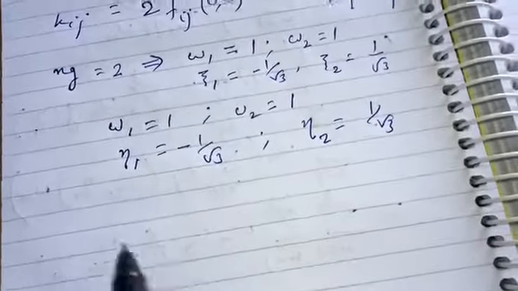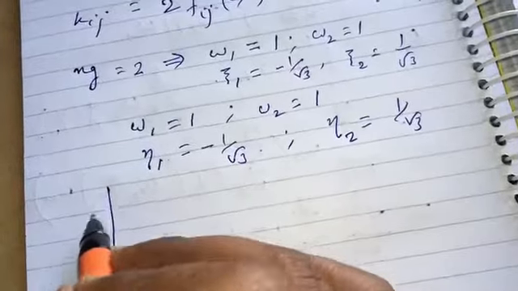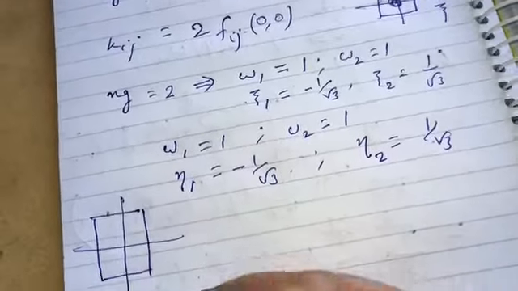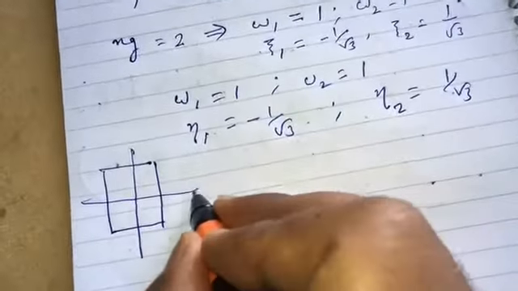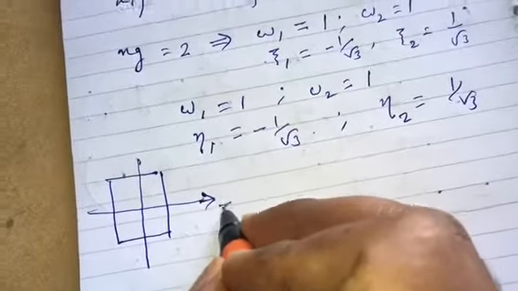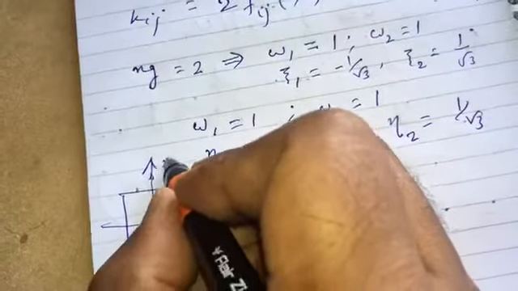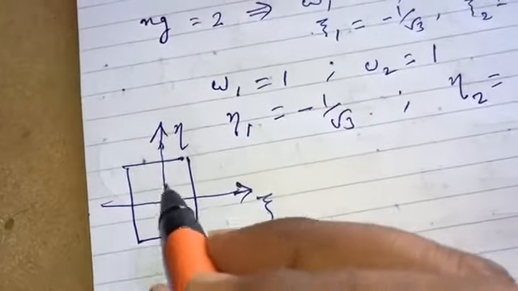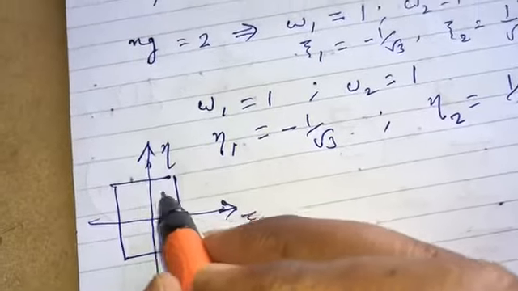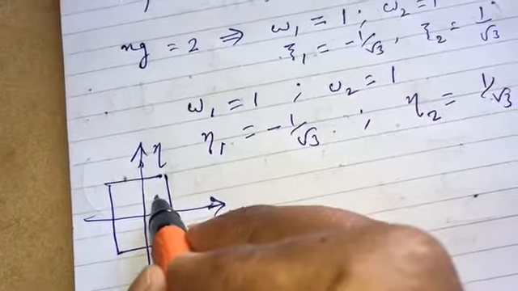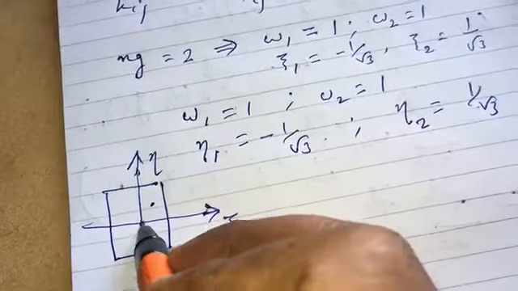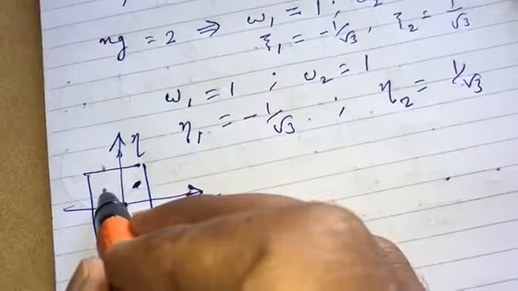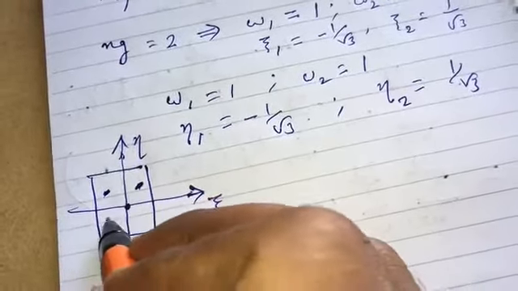Okay, so let us look at the figure. So, if this is the isoparametric element, where this is xi, this is eta, what it means is it will have 4 points. Which points? We will have one point here, one point here, one point here, and one point here.